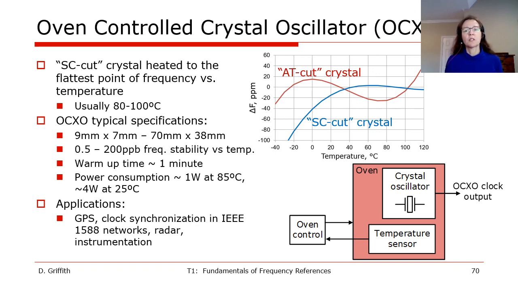So an OCXO is then an SC cut crystal oscillator placed inside of an oven that's heated to a constant temperature somewhere between 80 and 100 degrees C, as shown in the block diagram below.